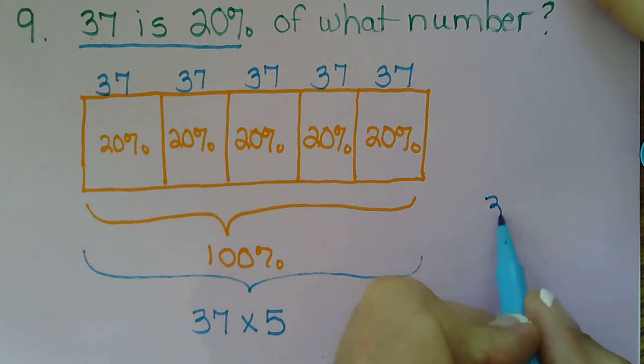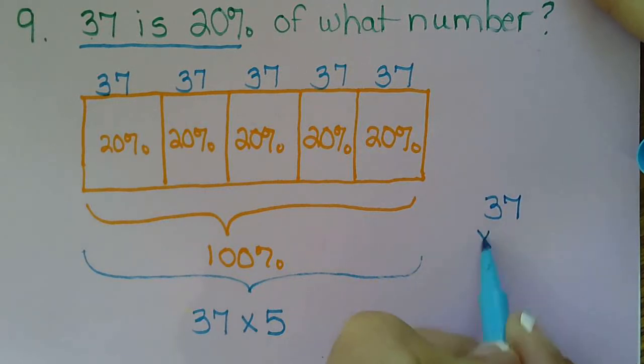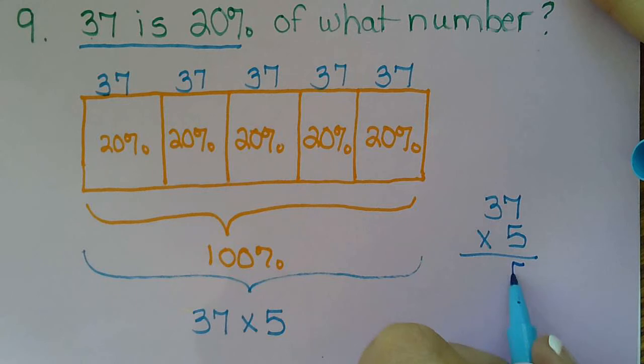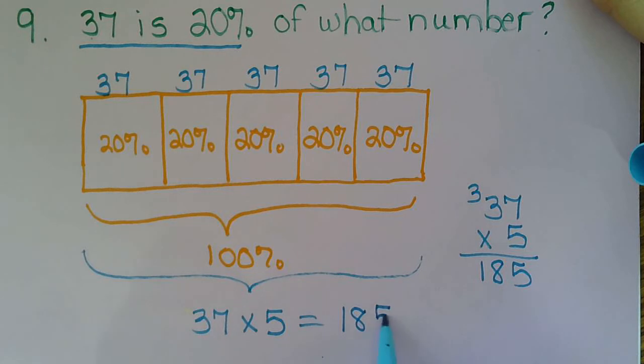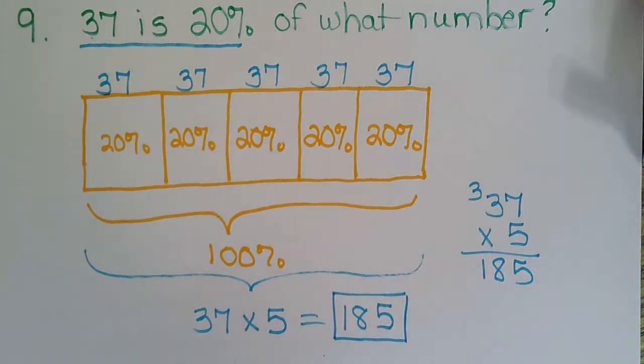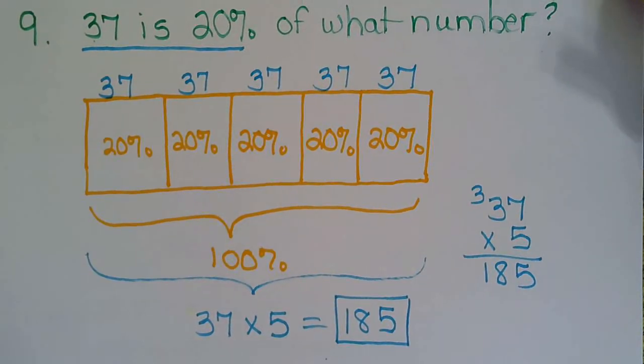So let's go over here and say 37 times 5. 7 times 5 is 35. Carry your 3, 15, 185. So the answer is 185. I'll give you a second to copy that before I go on to the next one.